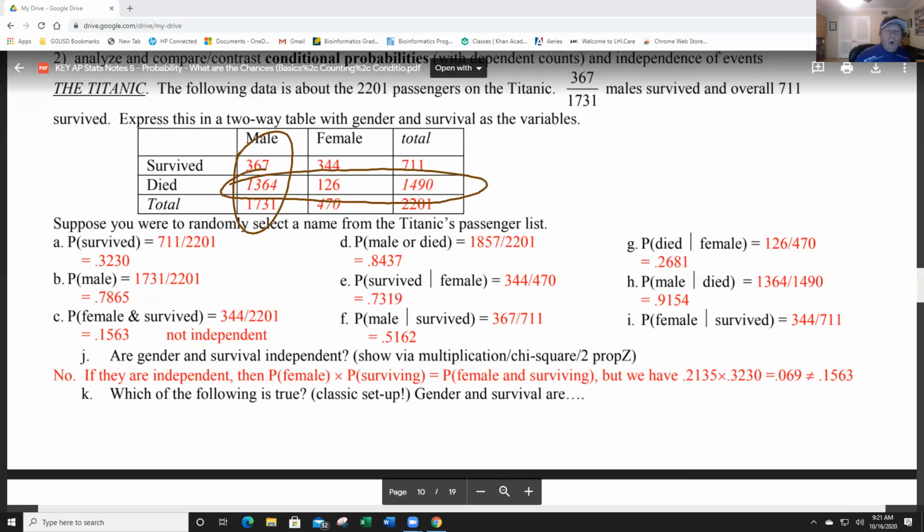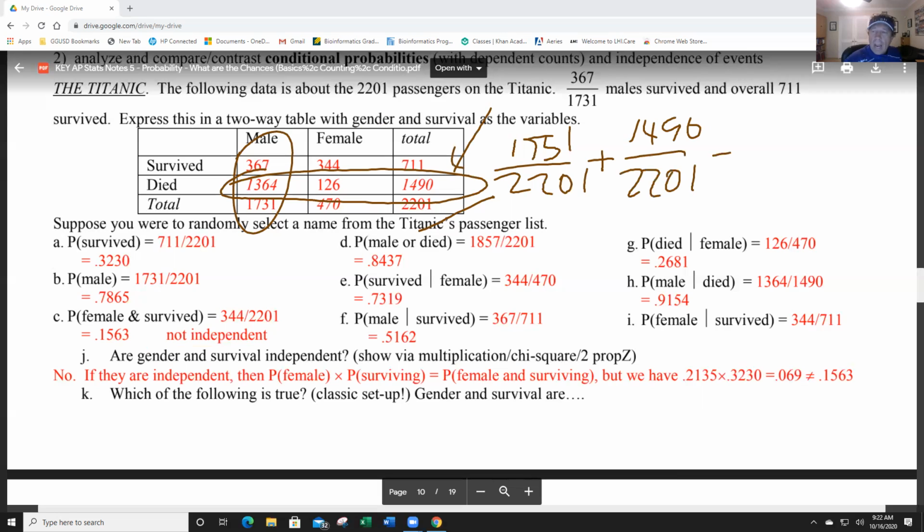You can see the overlap is 1364. So male or died is literally this problem, 1731 over 2201 plus 1490, which is right there, over 2201 minus that intersection, 1364 over 2201. Yeah, there's other ways to do it, but that's the mathematical, technical way to do it, okay?